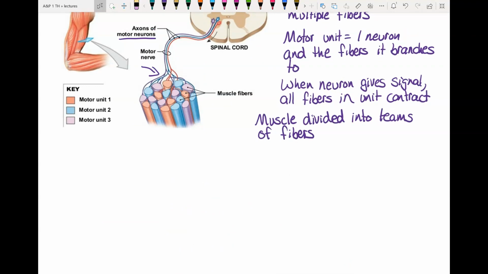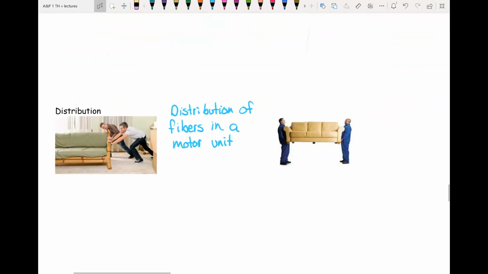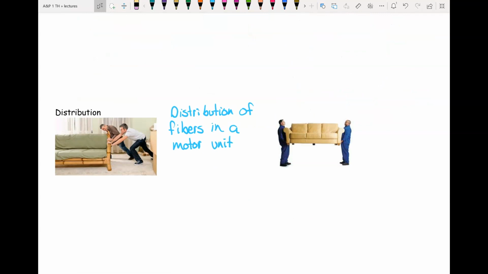Look at the blue one, for example. The blue fibers are all spread out from each other. They're not lumped together. Think of that as 2 people trying to move a couch. If 2 people are trying to move a couch and they both get on the same side of the couch, they're not going to move it very well.